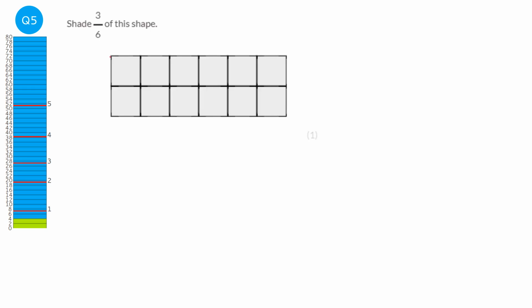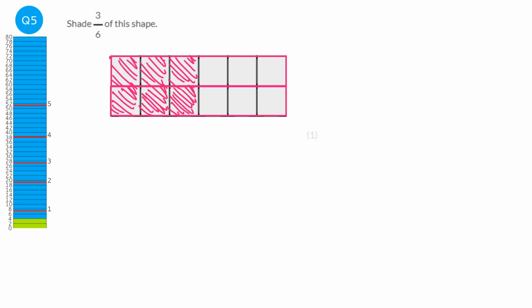If I split this shape into 2 sets of 6 blocks, when we're asked to shade in 3/6, for each one of those, or each set of blocks, I'm going to shade in 3 of the 6. So that's 3 for the first set, and this is 3 for the second set.